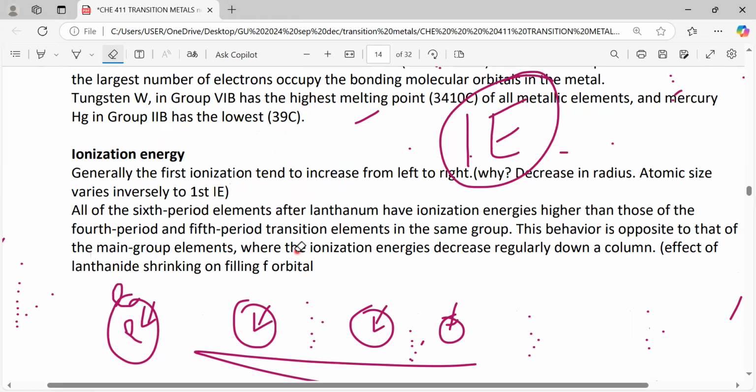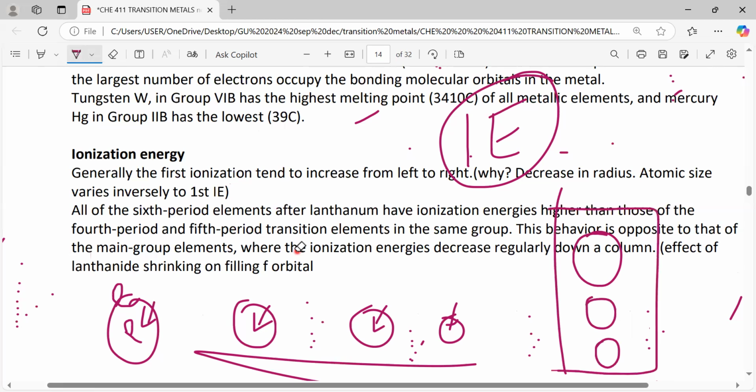All of the sixth period elements after lanthanum have ionization energies higher than those of the fourth and fifth in the same group, obviously because the radius is decreasing down a group in the transition metals. Of course, this is what happens in transition metals, but in main group it's the other way around.